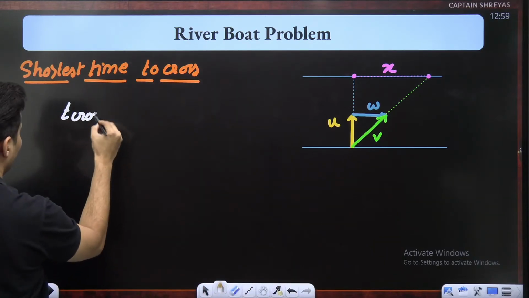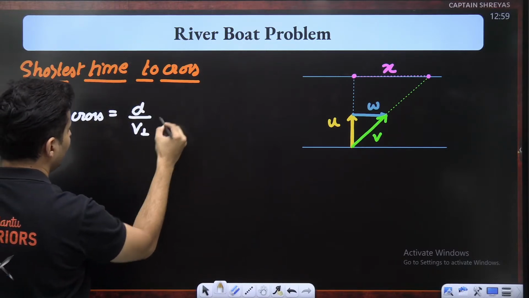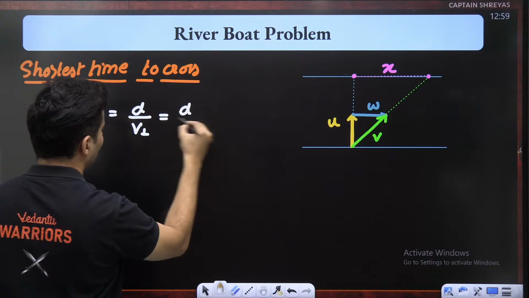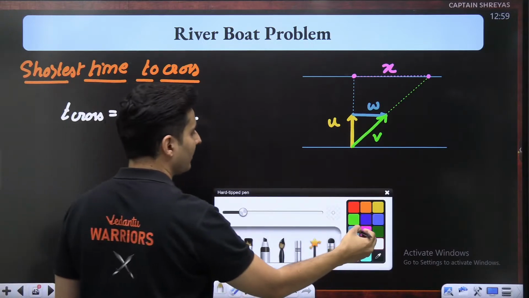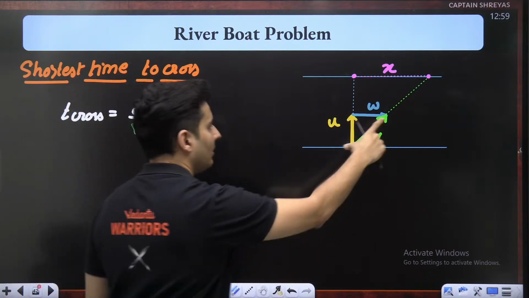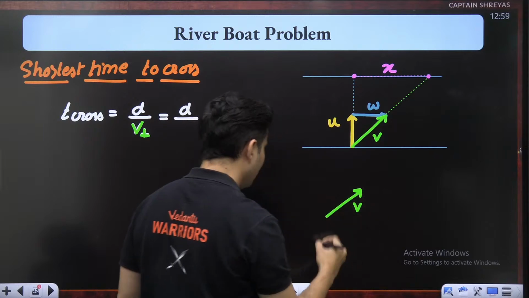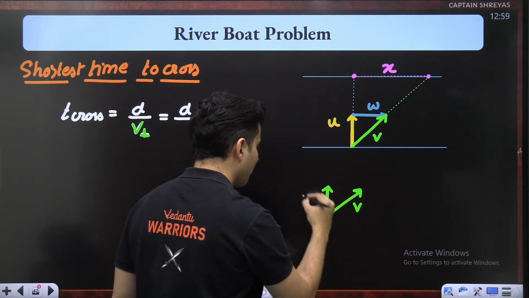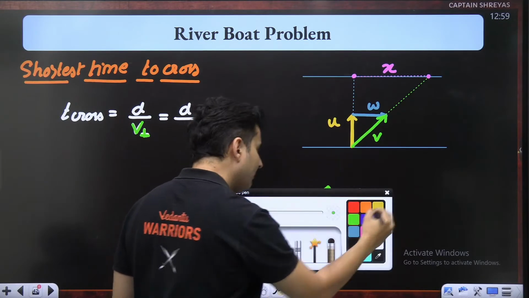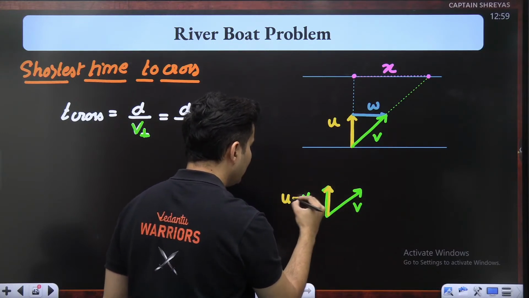Now in this case, if you ask me what is the time taken to cross the river, which is distance by v perpendicular, notice one very interesting thing over here. This is v, and v's perpendicular component will be exactly u only.